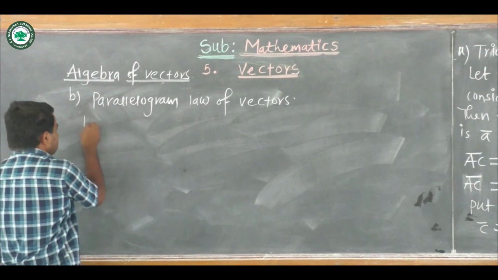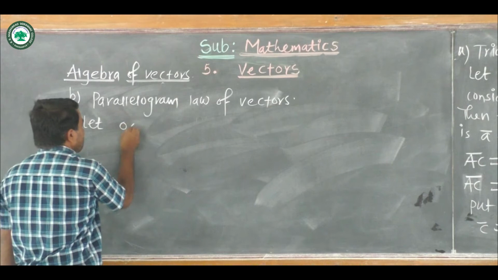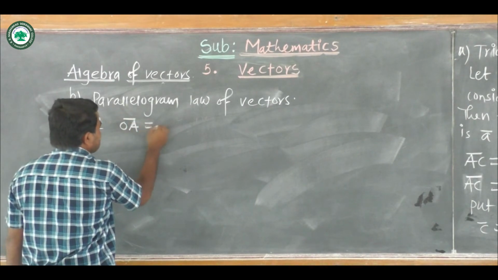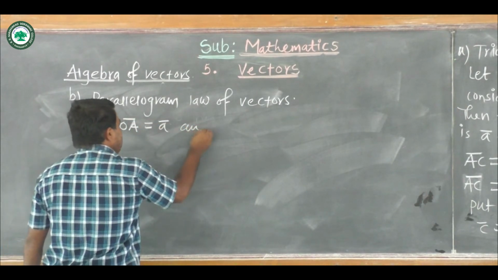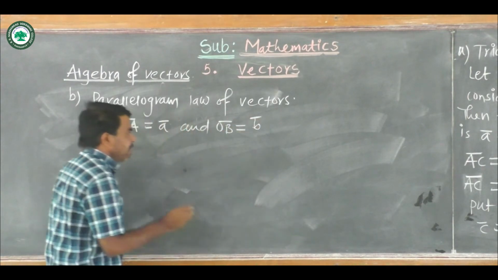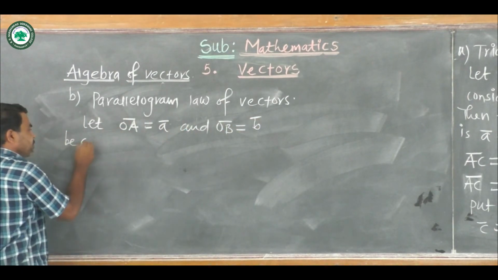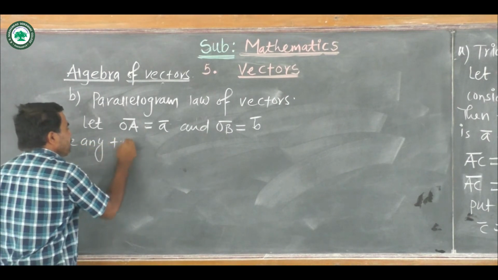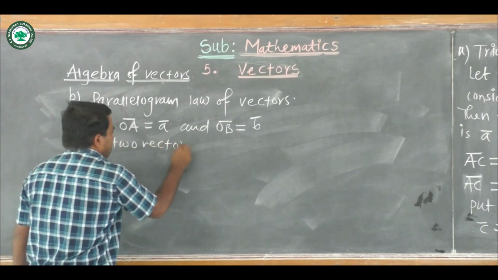Let OA bar equal to A bar and OB bar equal to small b bar be any two vectors. We have given these two vectors.